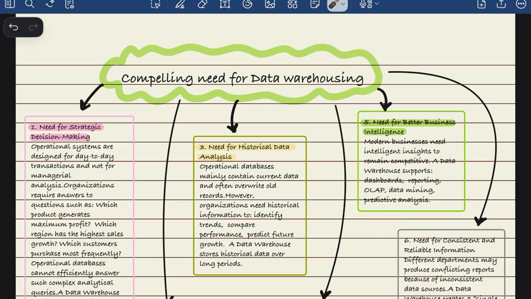How would you get it from a simple scan-and-pay database system? That is why we need a data warehouse, because operational systems are designed only for day-to-day transactions, and we need to answer questions like who got the maximum profit from the northeast Indian region in the past 3 years. That is why we need a data warehouse, which provides summarized historical data for strategic decisions.